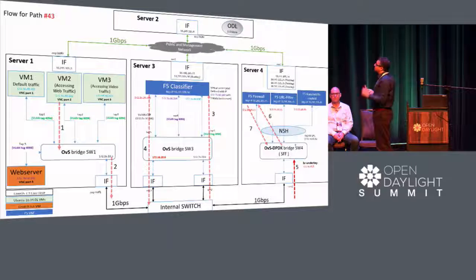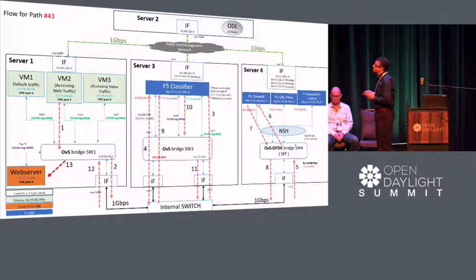It determines that based on this path, it needs to go back out. It's done its job. It sends a response back to the classifier, which encapsulates that packet and sends it off on VLAN tag 4093 over to server 1's OVS and back to the web server.